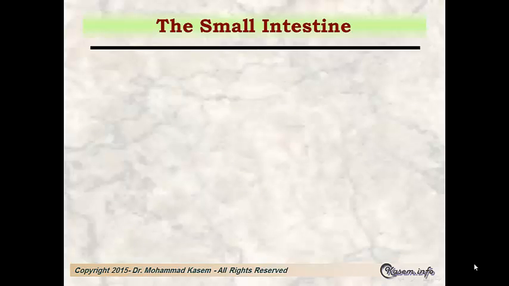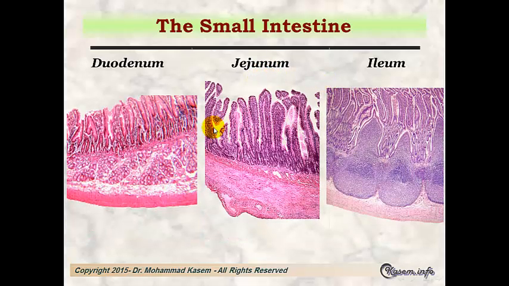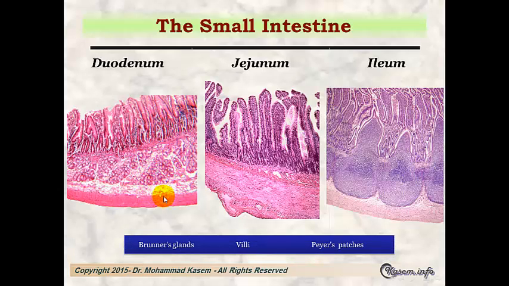In this slide, we'll see the major differences between the three parts of the small intestine: the duodenum, the jejunum, and the ileum. See, the section of the duodenum has the major feature of the duodenum, which is the presence of the Brunner's gland. The Brunner's glands are here. You see these acini of the Brunner's gland.